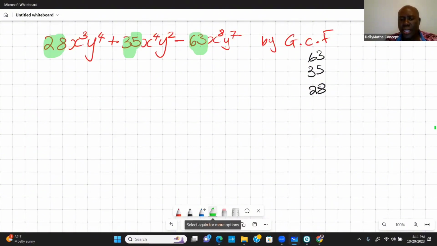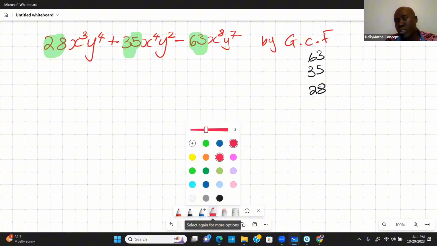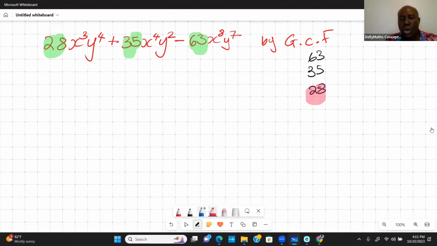We're going to focus on the smallest one, 28, and find all the factors of 28. Then we'll see which ones, from largest to smallest, could divide into the other two numbers without a remainder. The largest one will be used.